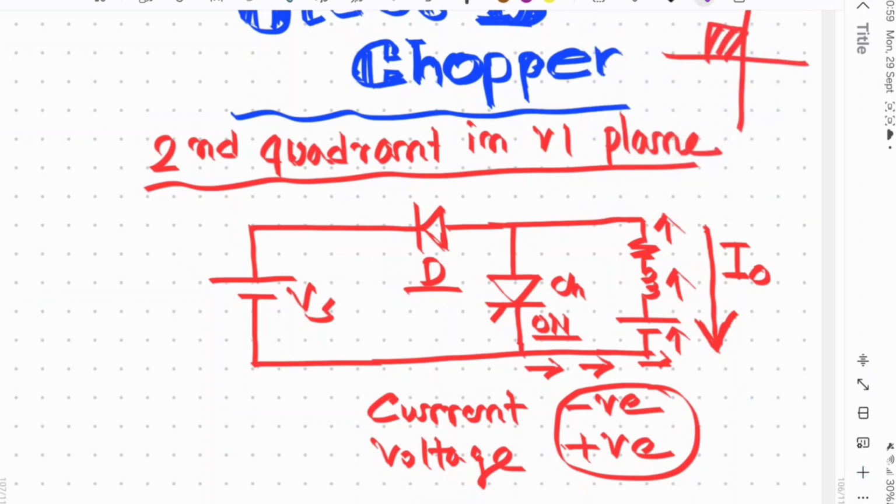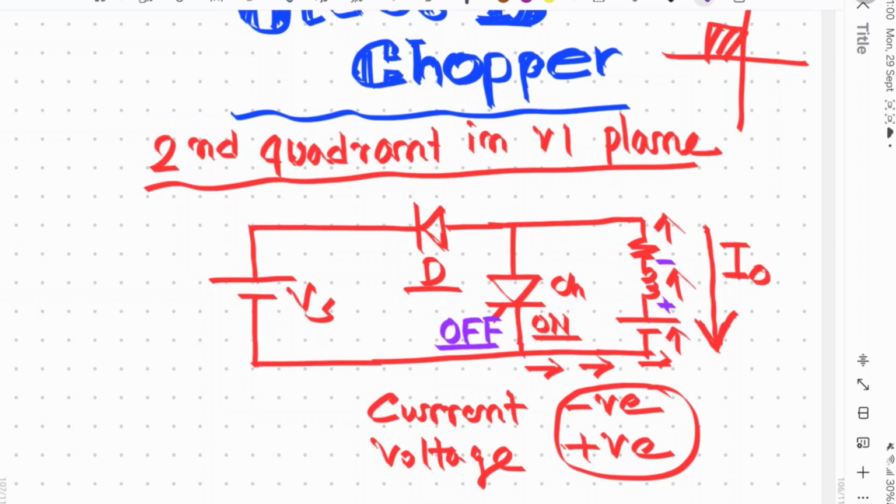Now when the switch is off, the inductor changes its polarity. In that case the current direction is also opposite, meaning negative, and voltage is positive. When the switch was on, this end was positive and this end negative for the inductor.